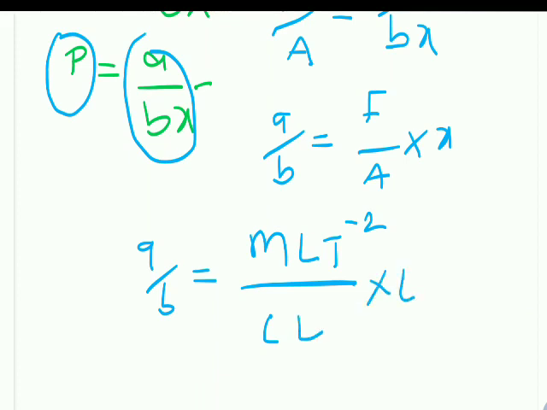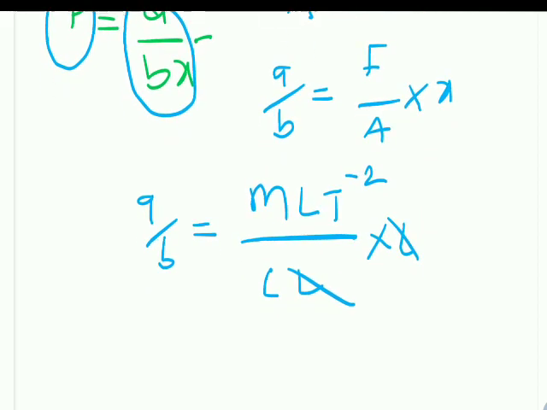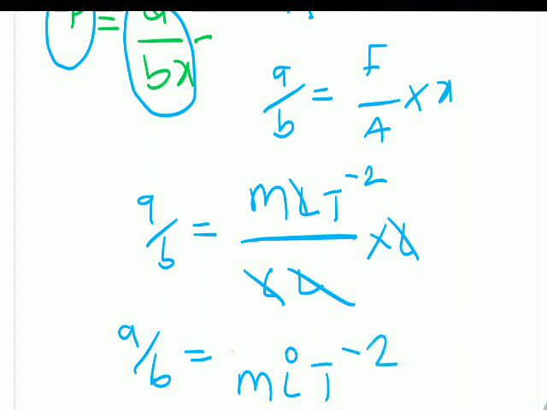X means also length, so these two are cancelled. A by B is equal to, this one cancel, so M L naught T inverse minus 2. It is the dimensional formula of A by B.